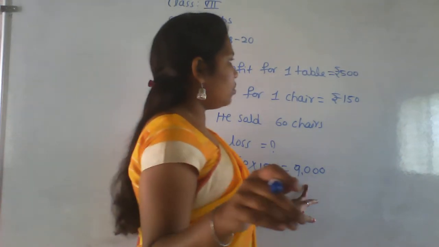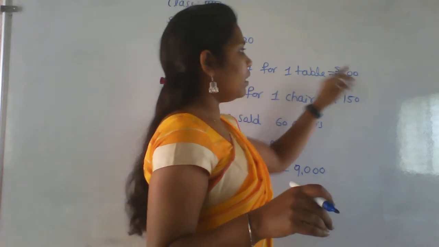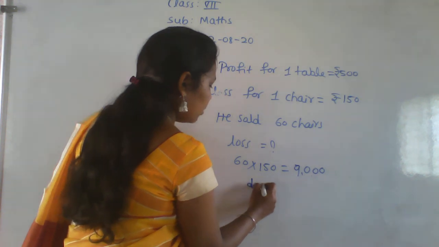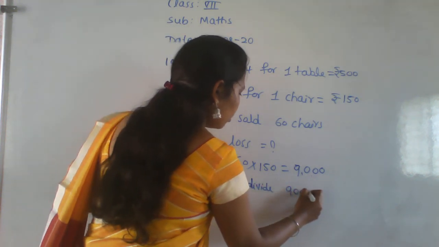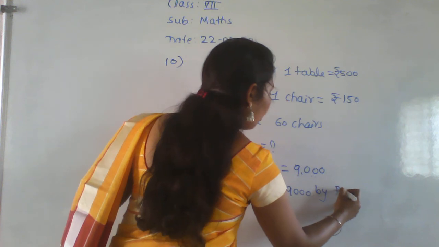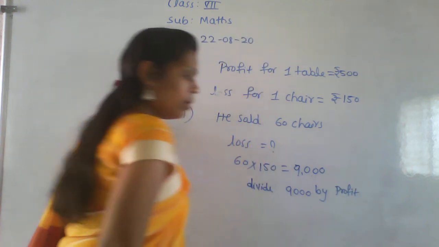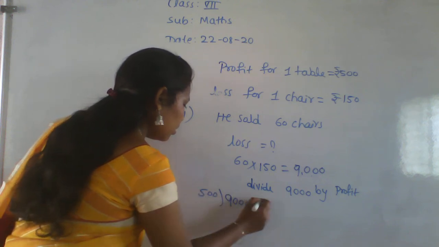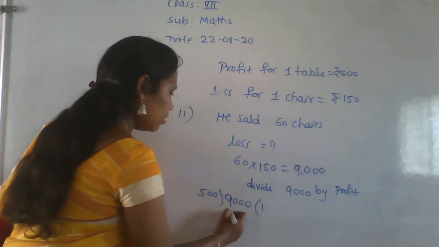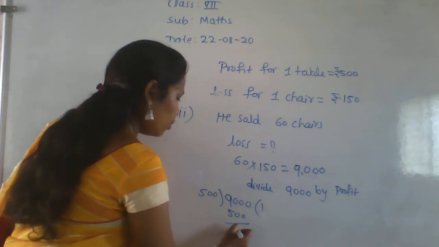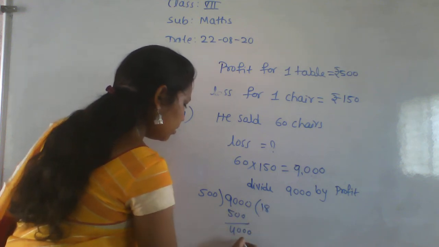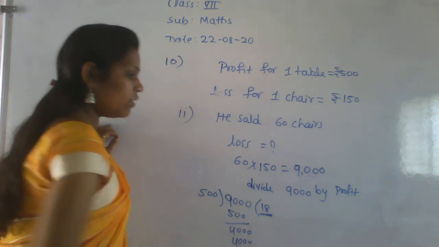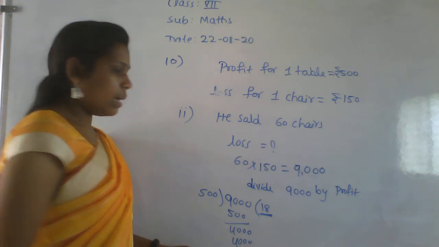So here 9,000 is there and the profit for one table is 500. Divide 9,000 by which value? That is the profit value. So you will get the number of tables. 500 into 18 is 9,000. So this will be the number of tables here.